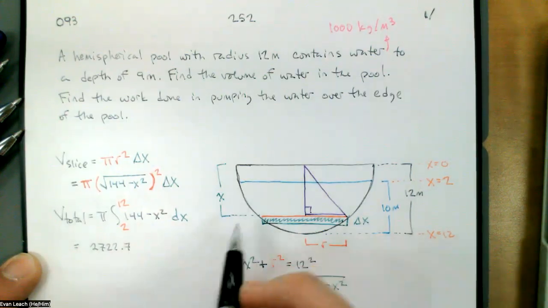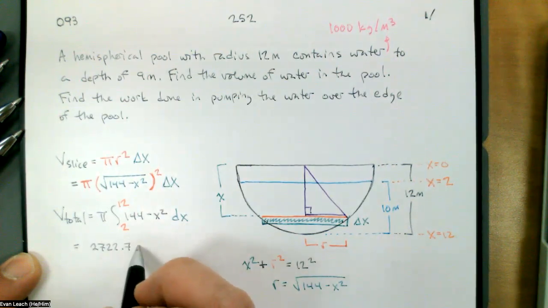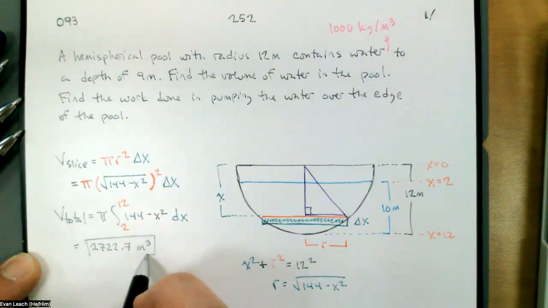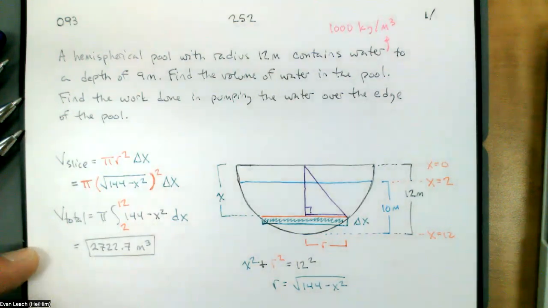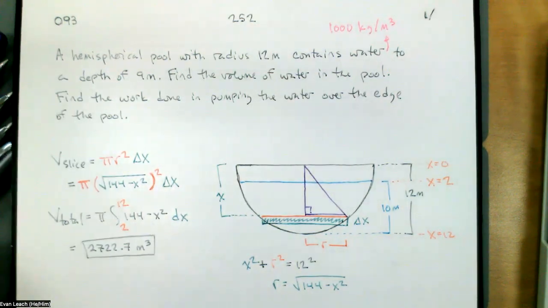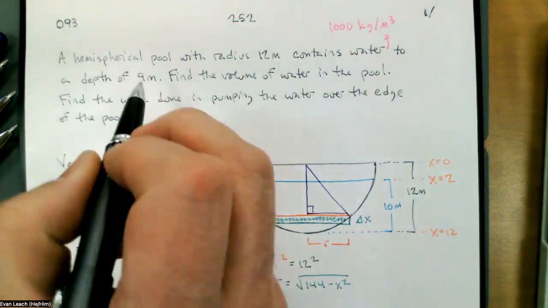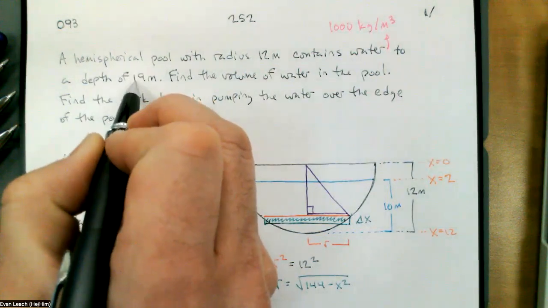This is calculating the volume, so we're going to have cubic meters. Yes. Oh, yeah. I'd have to change multiple 2s, so I'll just change the 9 to a 10. Thank you.